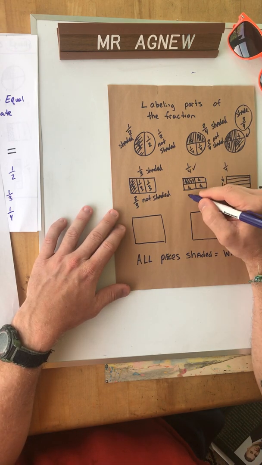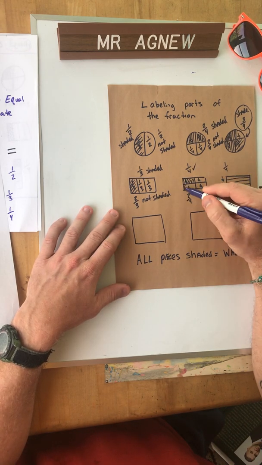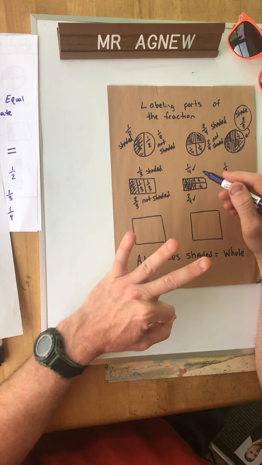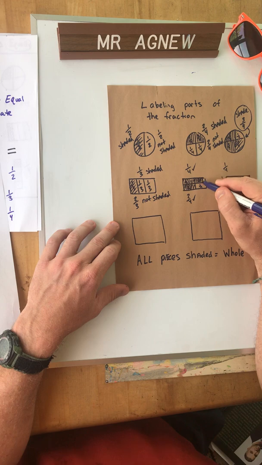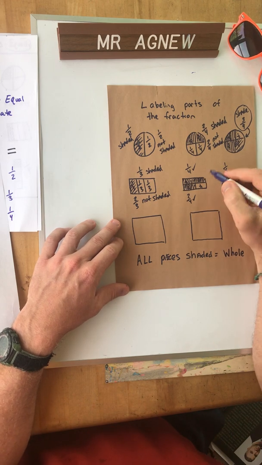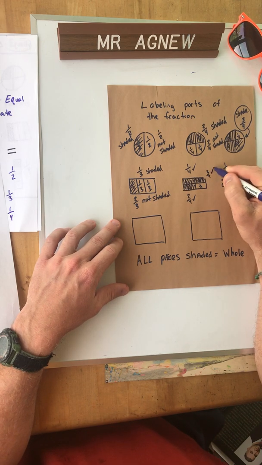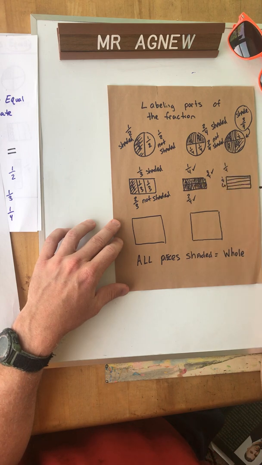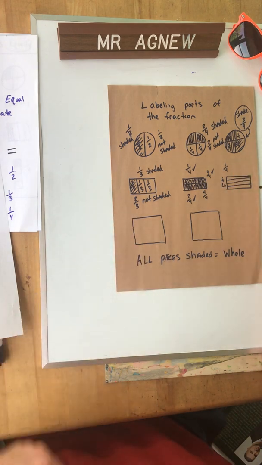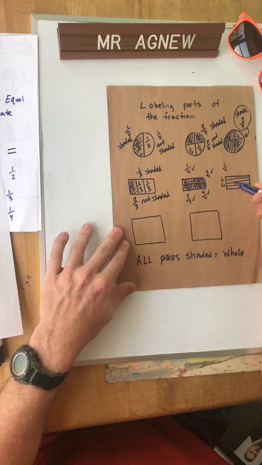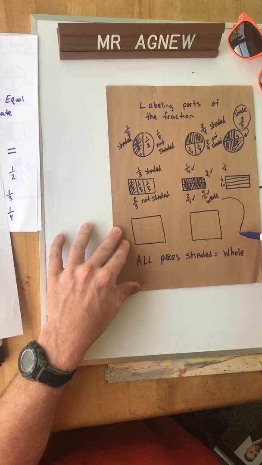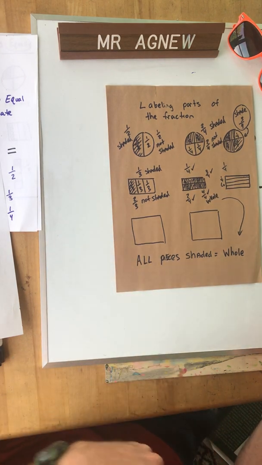Let's shade in 2 of them. Great. 3 of them. Now we shaded in 3/4. Now what happens if I shade it all in? If I shade all 4 pieces out of the 4 pieces, that is called a whole. And you'll see how that shows down here.